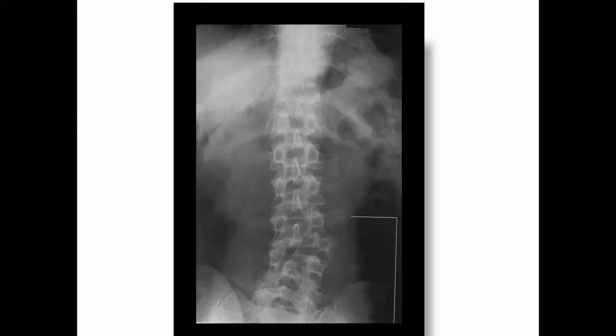Here we find something nice. We can see that there is a pedicle with no body, so this is a hemivertebra, and there is some scoliosis at that region, and there is definite spina bifida here. So you have spina bifida and you have hemivertebra.